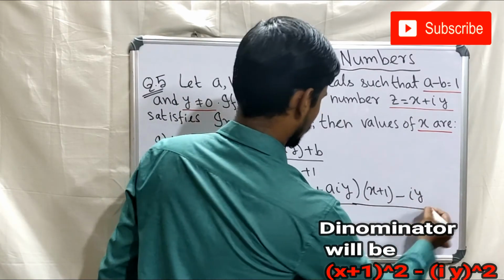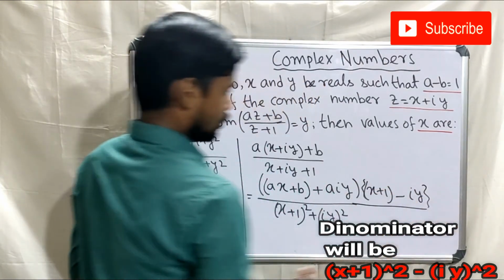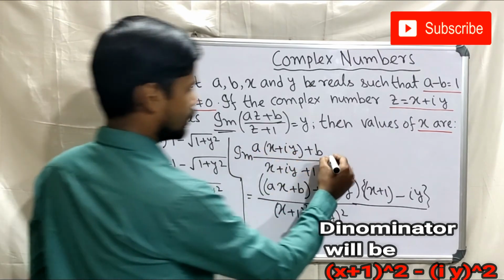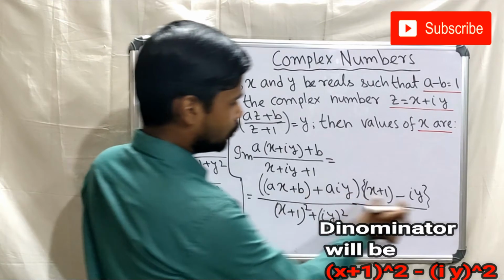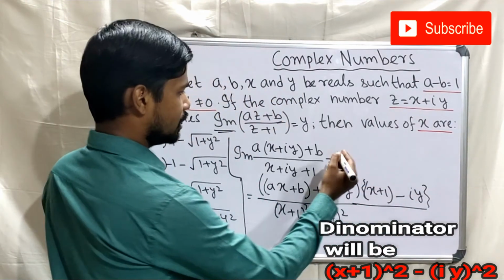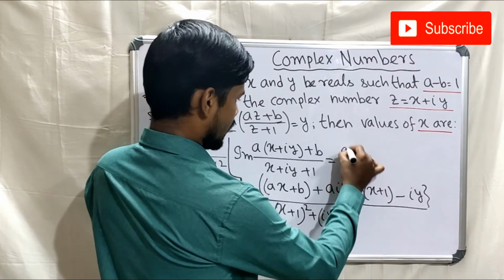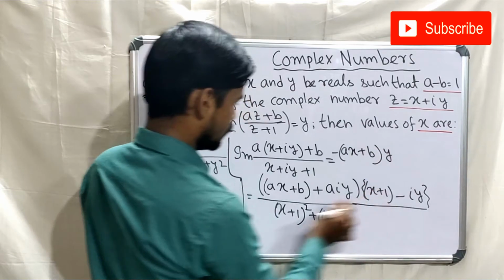Now look, the imaginary part of the given number: if we multiply ax plus b with minus iy, we get an imaginary part, that is minus (ax plus b) y.